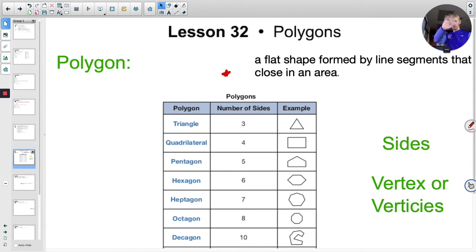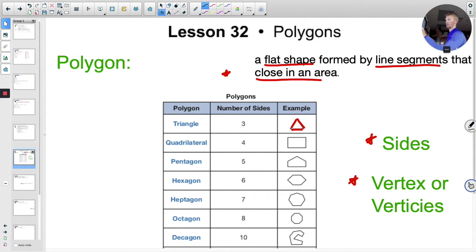So, it has three requirements. Flat line segments, straight line segments, and it's closed. Those are the three requirements. So every polygon has sides, which would be along the outside here, and a vertex or vertices. Vertices would be the corners.